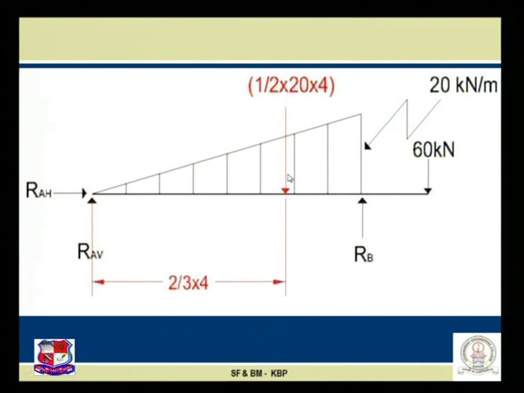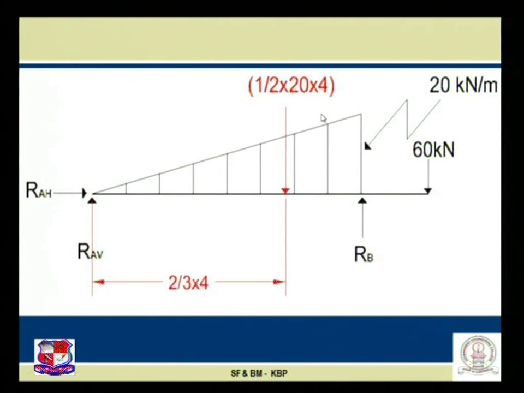Now the question may arise, what is the CG of a triangle? From one side it is 2/3 of the total distance, and from the other side it is 1/3. So for the total distance of 4 meters, from point A it is 2/3 of 4. That is the location of the equivalent point load.